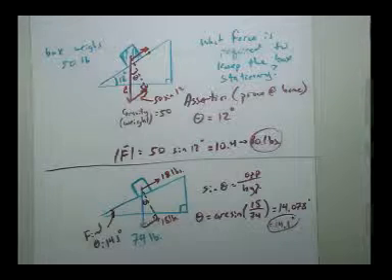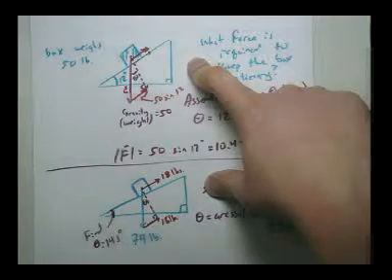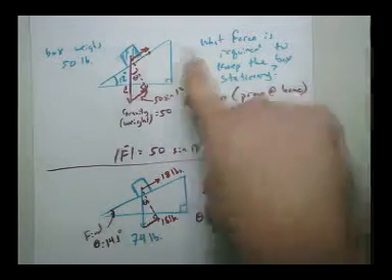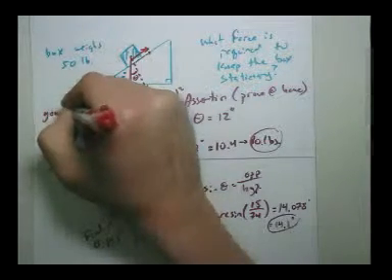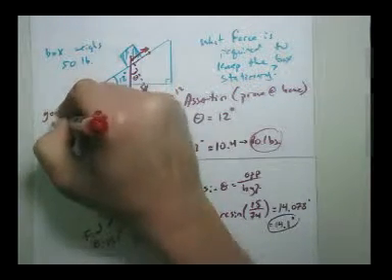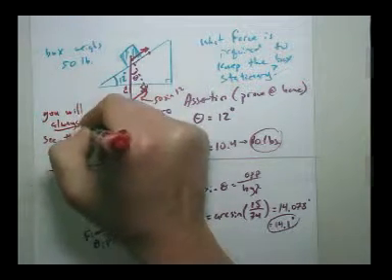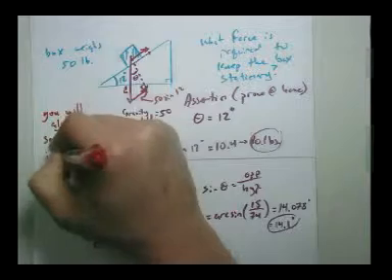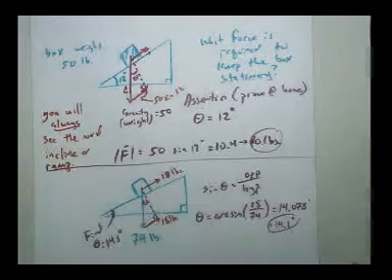How do you know which one is which? Look for keywords. Look for, draw pictures. In these kinds of problems, you will always see the word incline or ramp.